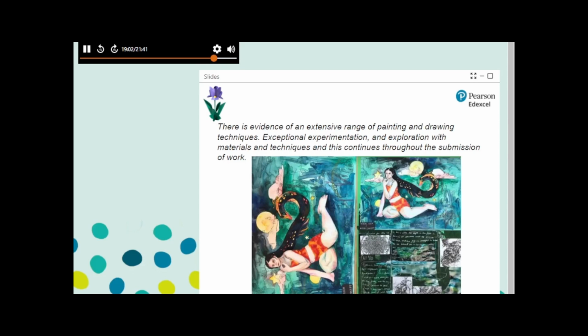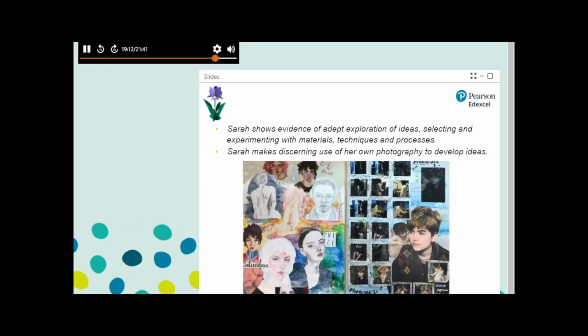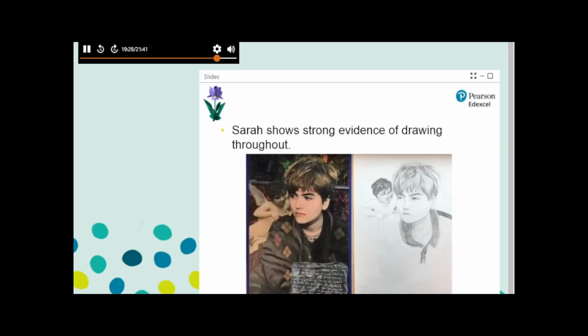It is also showing exceptional experimentation and exploration with materials and techniques, and this continues throughout the submission of work. In this slide, Sarah shows evidence of adept exploration of ideas, selecting and experimenting with materials, techniques and processes. Also, Sarah makes discerning use of her own photography to develop ideas.